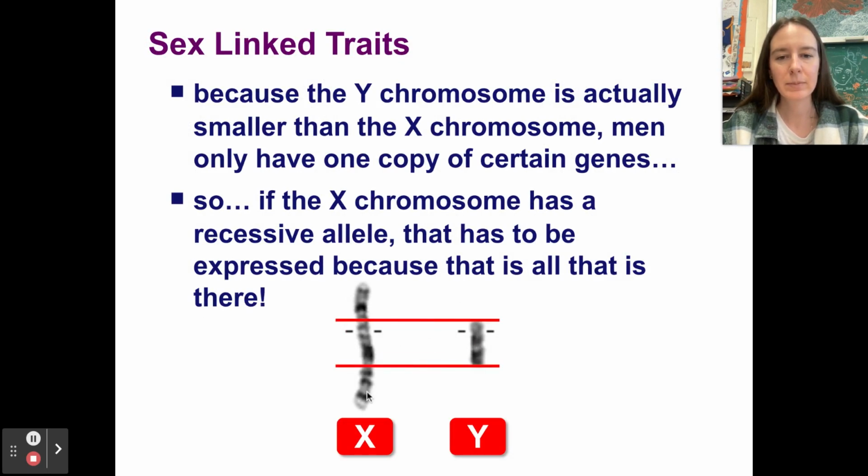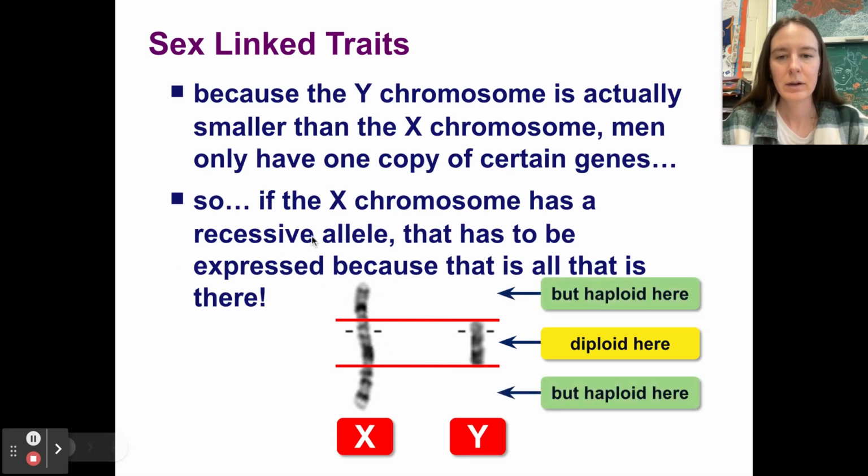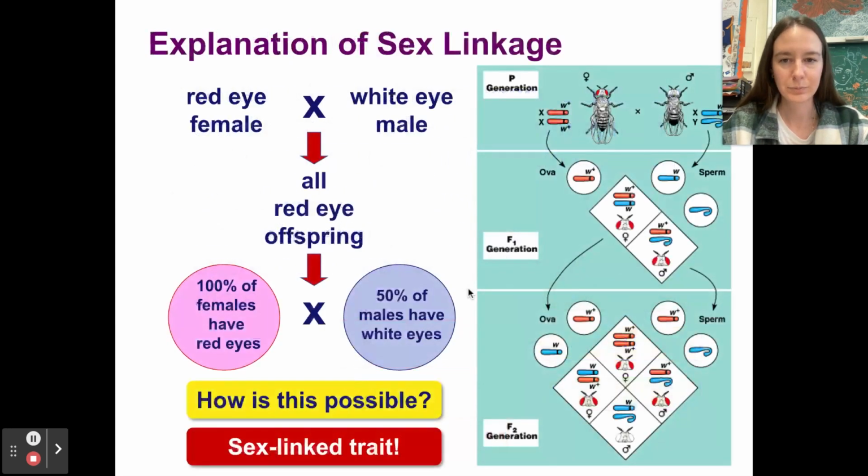But most of these genes up here are only found on the X chromosome. So you would be diploid for a gene here because you have two copies. You have homologous chromosomes here, but not up here. All right, so if the X chromosome has a recessive allele, then it has to be expressed because that's all that's there. So the recessive will show up in the phenotype because there's nothing coming from the father.